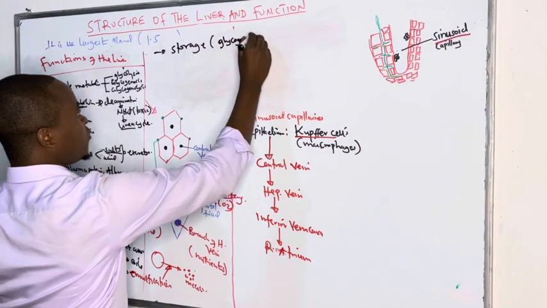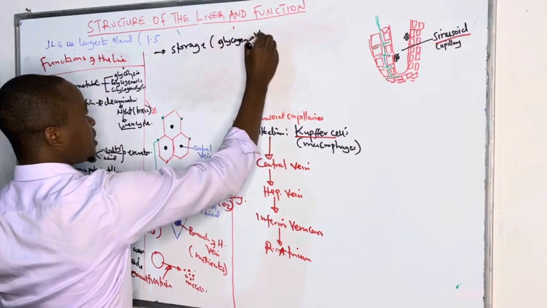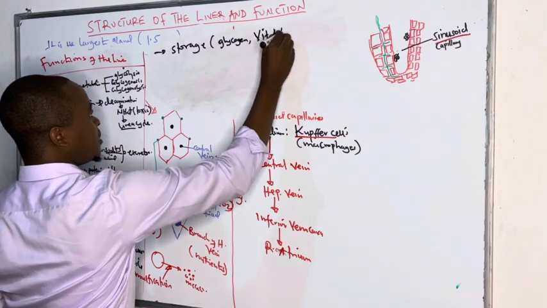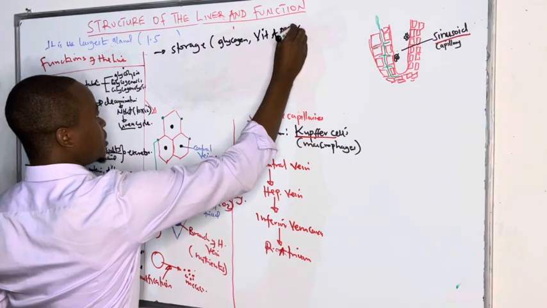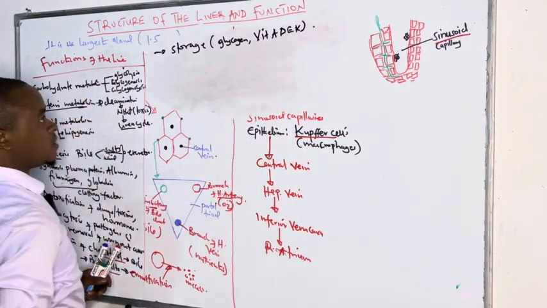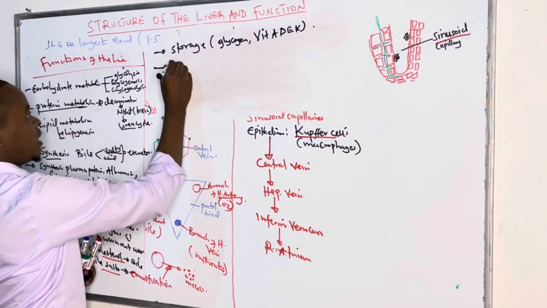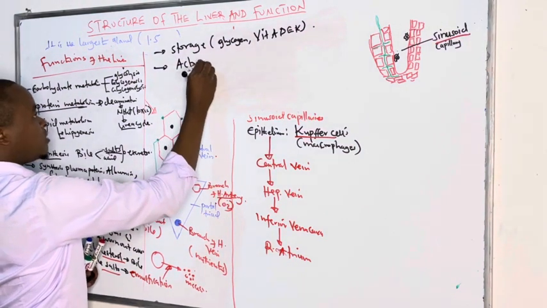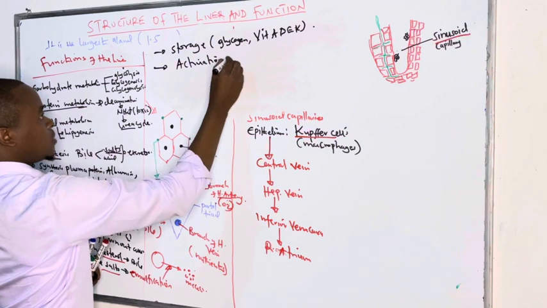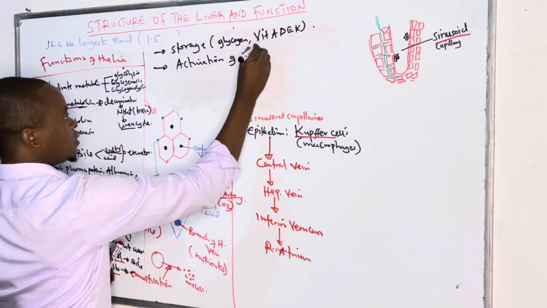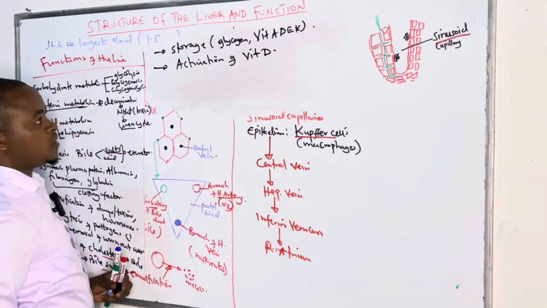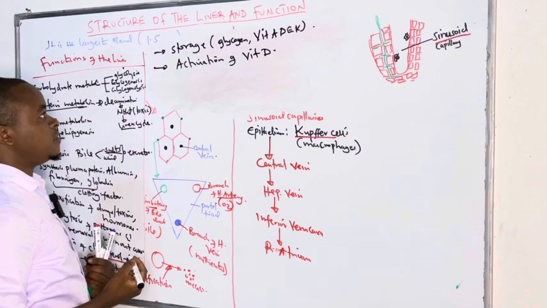They do a lot of storage of fat-soluble vitamins like vitamin A, D, E, and K. They are stored in the liver. And another function is that the liver participates in activation of vitamin D. So vitamin D is activated in the liver.